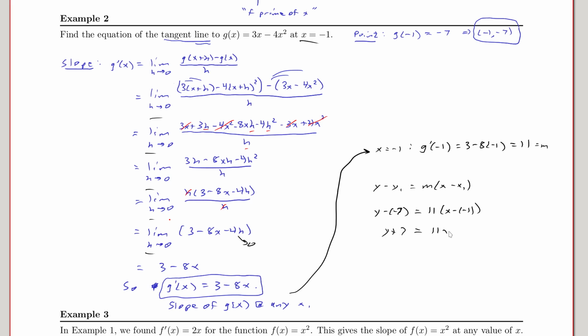This is 11x plus 11. And so we get y is 11x plus 4. Just like the previous problem, I would graph both this and the original function in the same viewing window and zoom in on the point -1, -7.